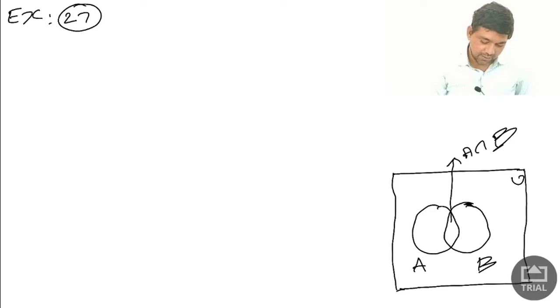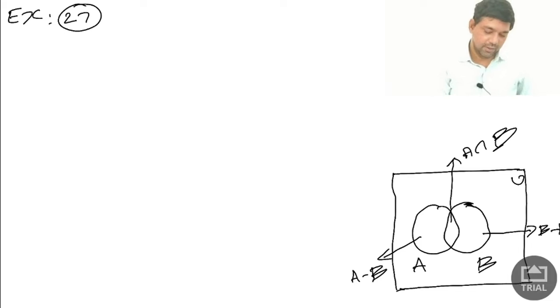A intersection B. This one you know it is B minus A. This one you know it is A minus B. Okay, understood? So these are the different things which we come across. Now in the problem, we are taking the total problem here.